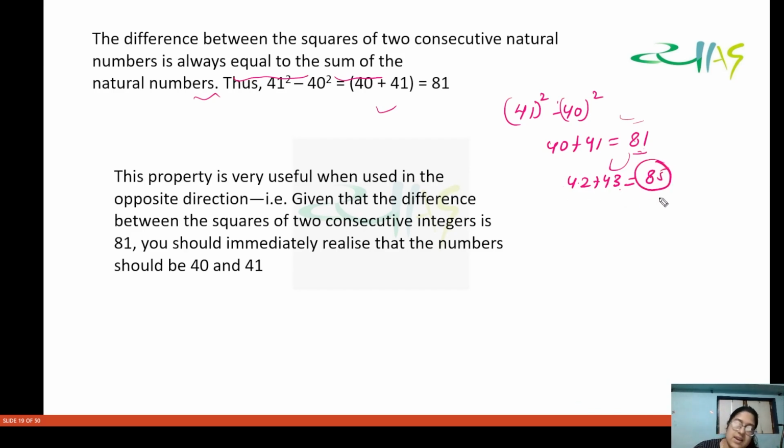You are given 85, and it is said that it is the difference of the squares of two consecutive numbers.